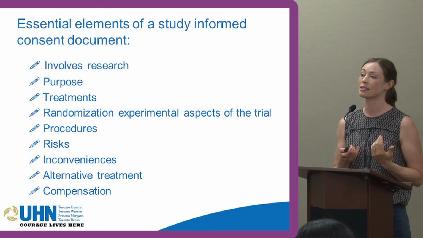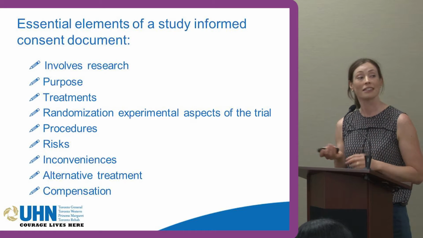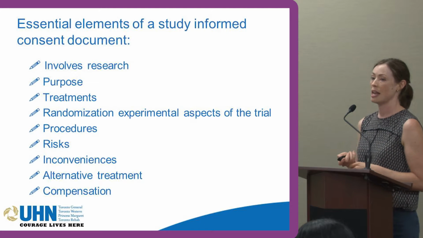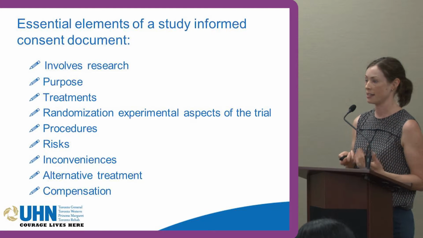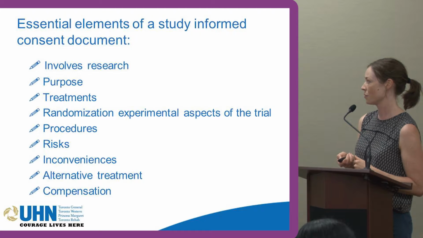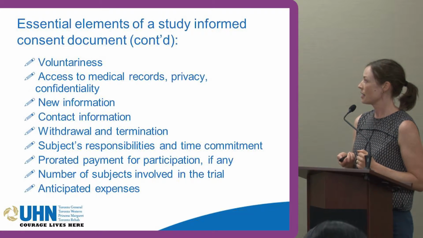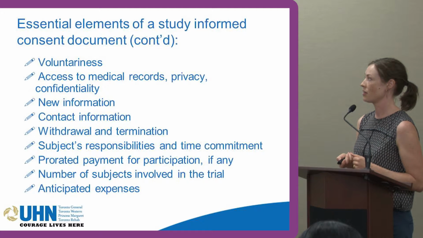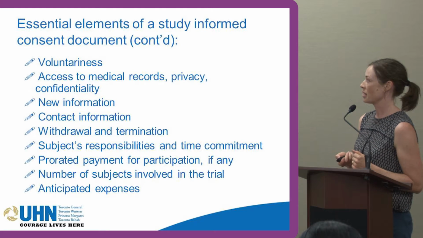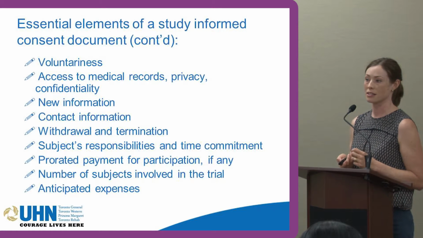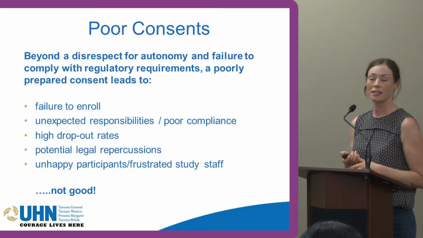What are the risks? What are the potential benefits, inconveniences, alternative treatment options, and potential compensation if there is any. Oftentimes we will see compensation for parking and so on. There are also statements around voluntariness, whether or not there will be access to medical records and so on. And you can have access to this list on your slides.